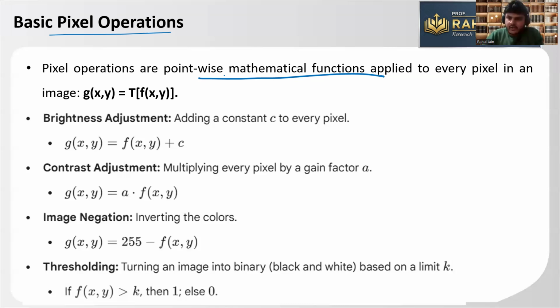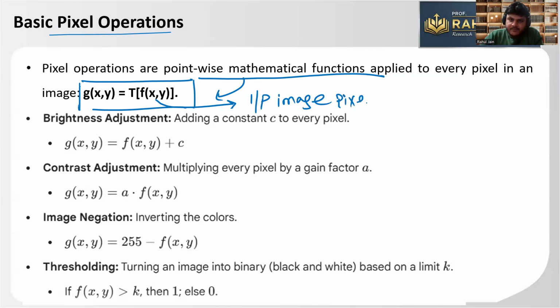The general format of the pixel operation looks like g(x,y) = T[f(x,y)]. This is how a pixel operation can be explained mathematically. Here f(x,y) is the input image pixel value, and g(x,y) is the output image pixel value.